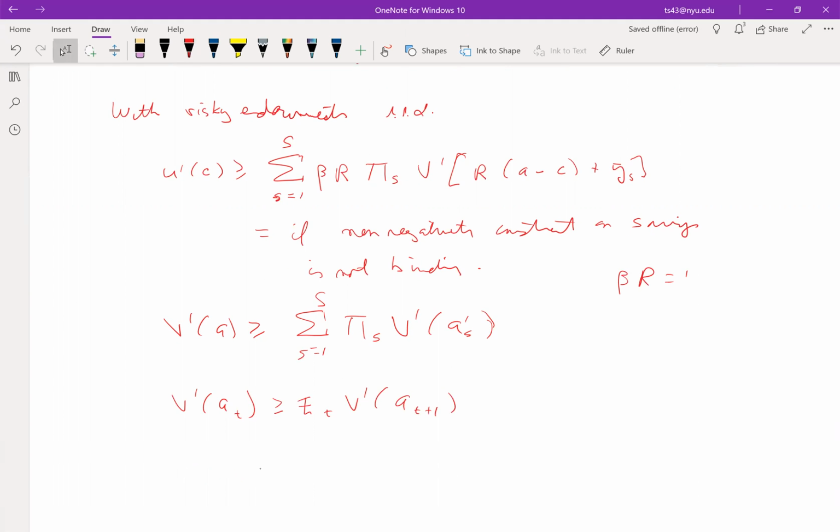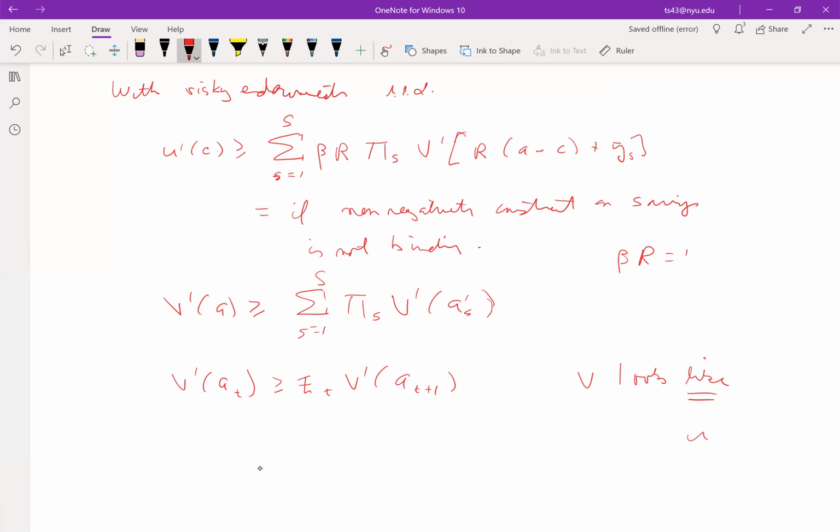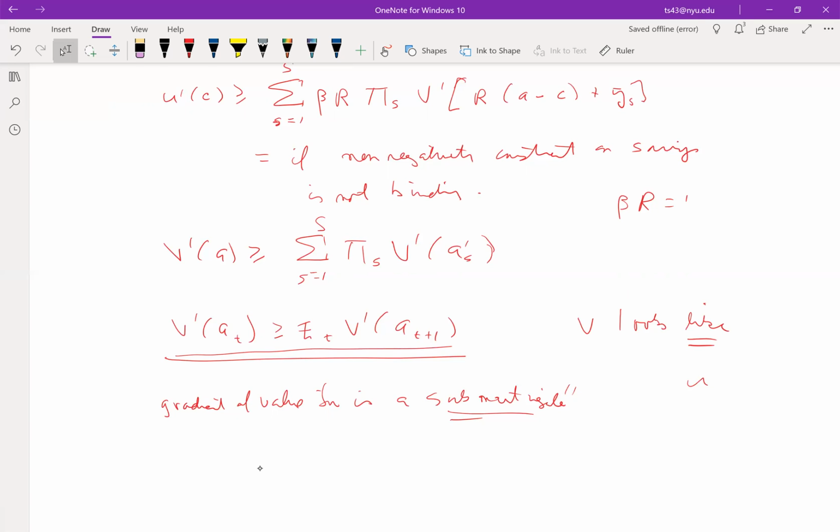And v looks like u. So the gradient of the value function is a sub-martingale. That's what this says.